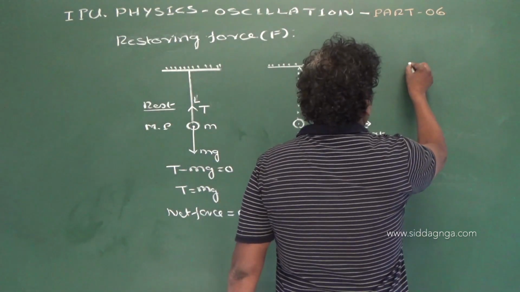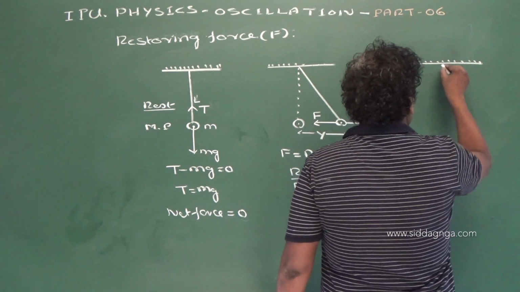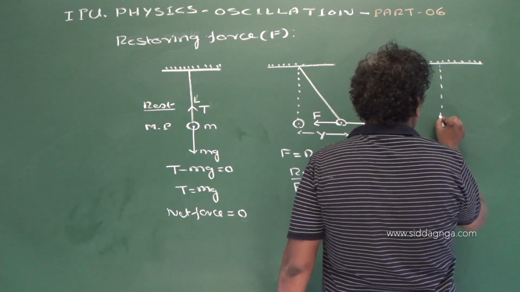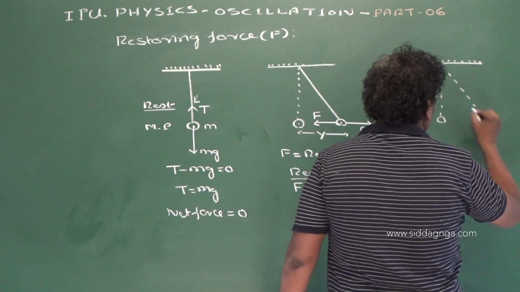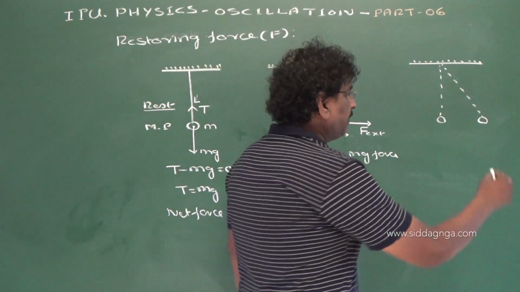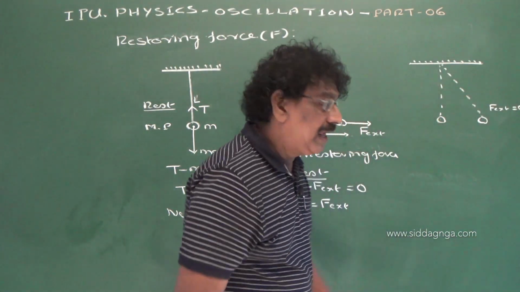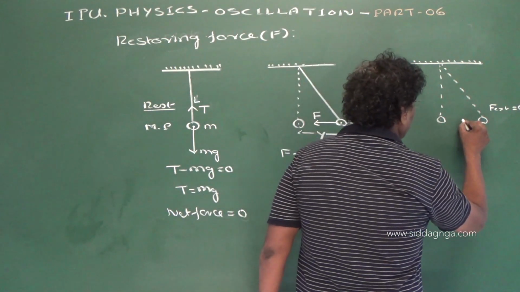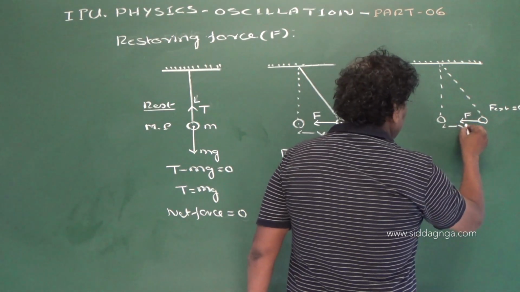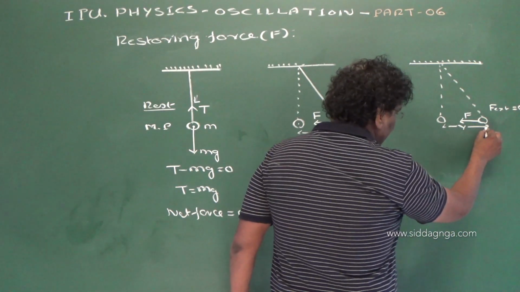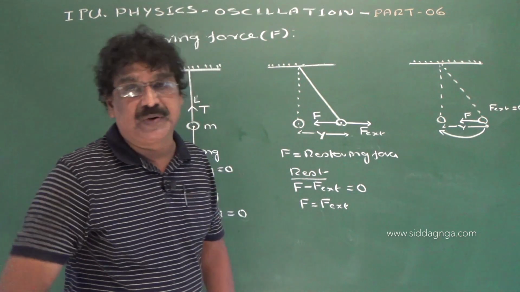Now when I released the bob, that means F external has become 0. Now this restoring force F, at displacement y, brings the bob back to its mean position.